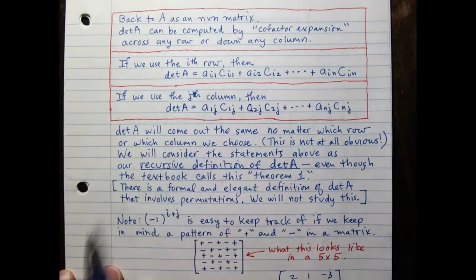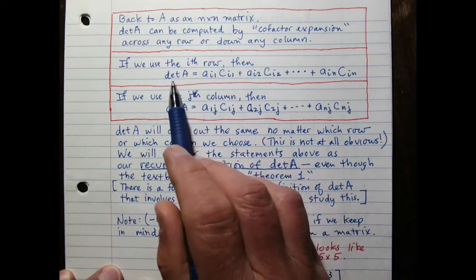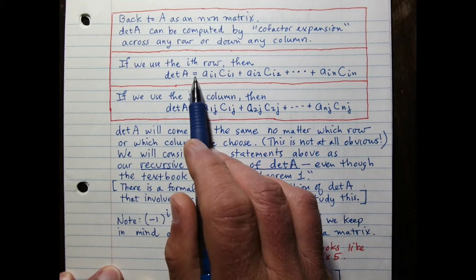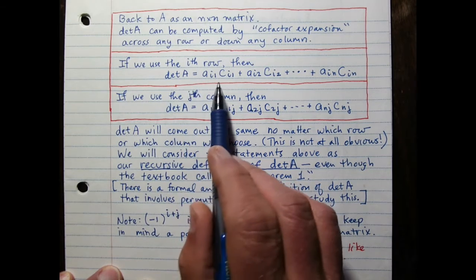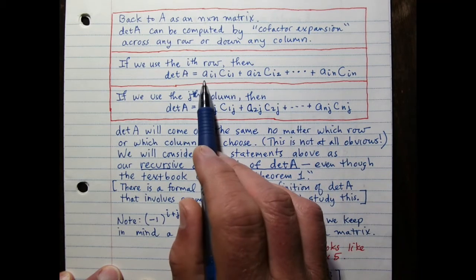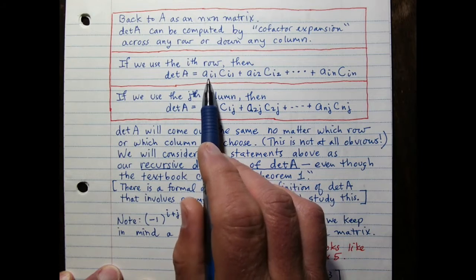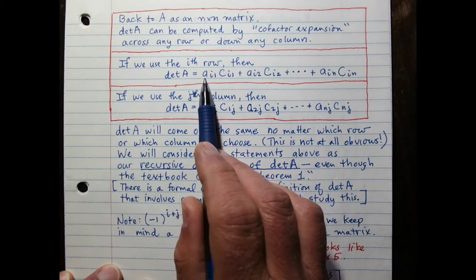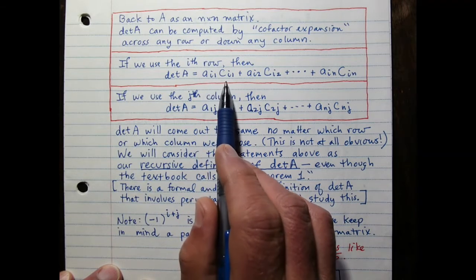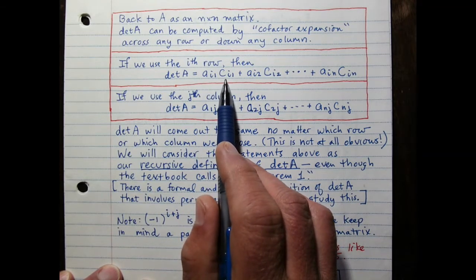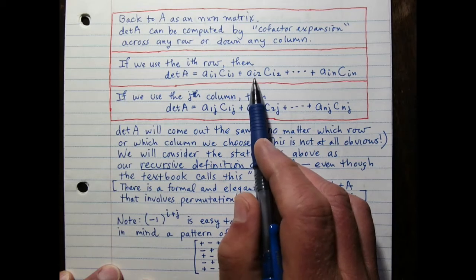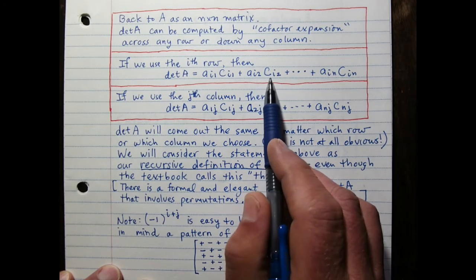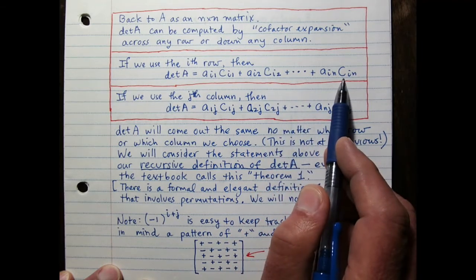If we use the ith row, then the determinant of A is going to turn out to be equal to a sum: we're taking entries of the ith row, so this is little a_i1 times this cofactor number, plus the next entry in that row times the corresponding cofactor number, down the line.